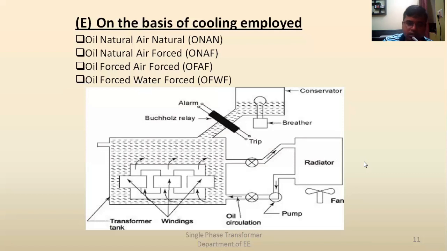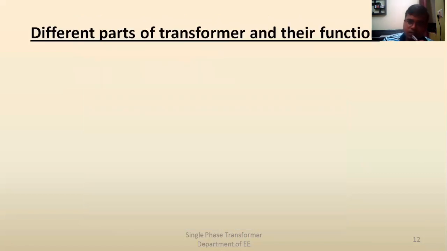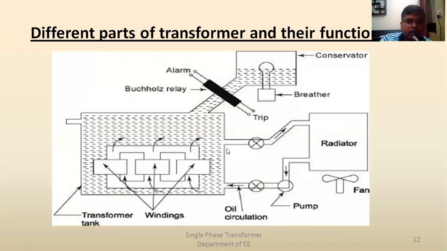Hope you understood. Now, different parts of a transformer and their function. See here. This is the transformer main tank. Inside this, we have the core, a three-phase transformer core, and these are the windings. Hope it is clear, right? Inside this tank we use insulating oil, and as I told, the purpose of this oil is to insulate the windings from the tank itself, and second, it is used for cooling of the transformer.